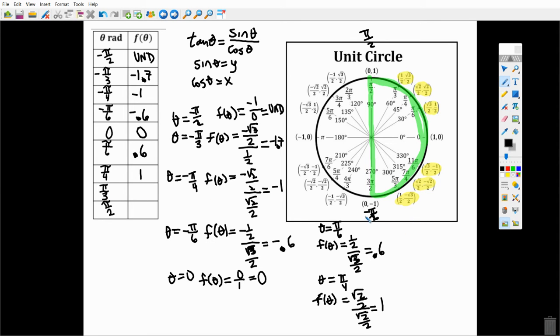At pi over 3, the y value is radical 3 over 2, the x value is 1/2, and we end up with the same value here, 1.7.